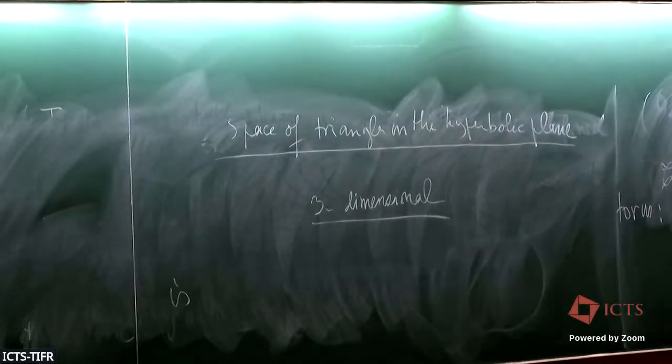You don't have, I mean, there's no meaning to, there's no necessity at all, and it's unnatural to take a fixed area, to take a space of triangles of fixed area. So this is naturally a three-dimensional space. What is Thurston's metric in this space?